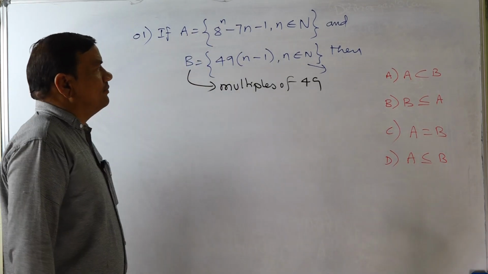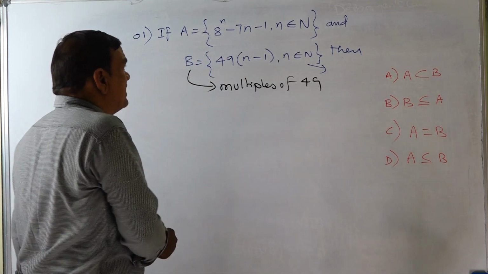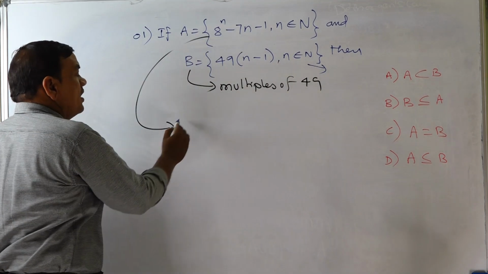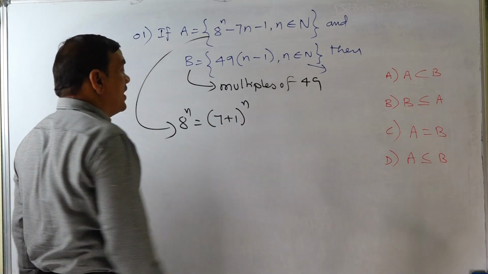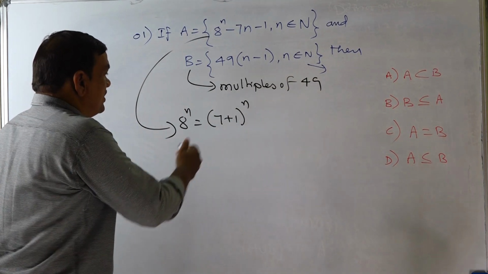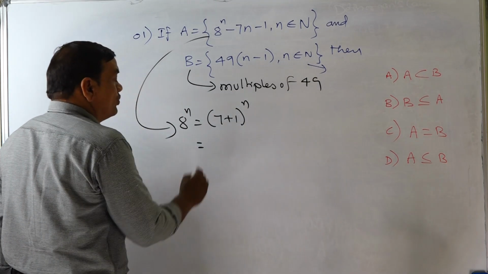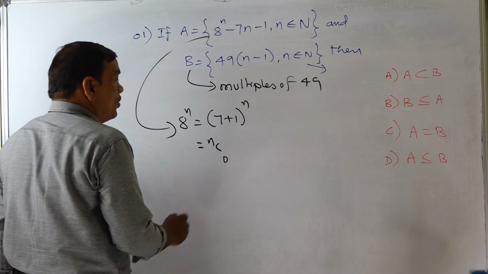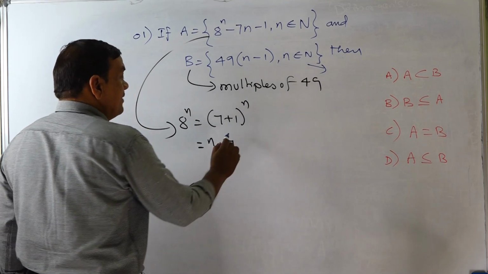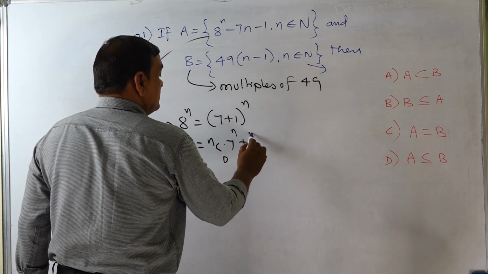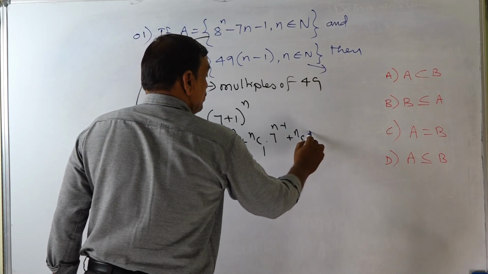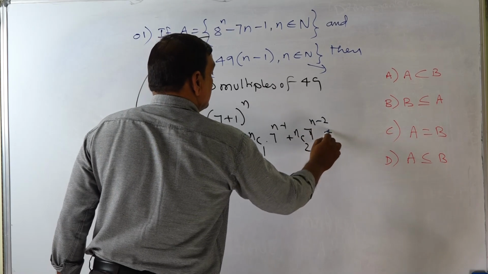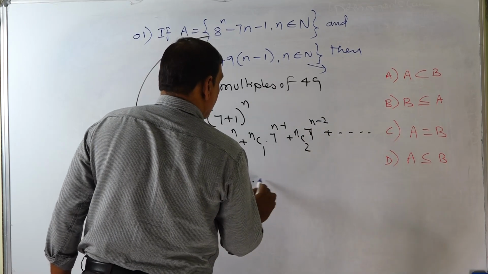But what about A? To decide that, first look at this 8 power n. Can I write this as 7 plus 1 whole power n? Right. So, by binomial theorem, you can say that nC0 into 7 power n, plus nC1 into 7 power n minus 1, nC2 into 7 power n minus 2, plus so on.